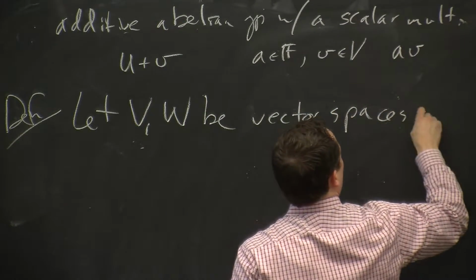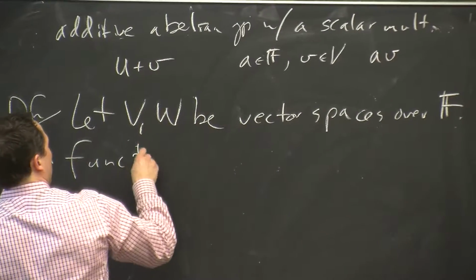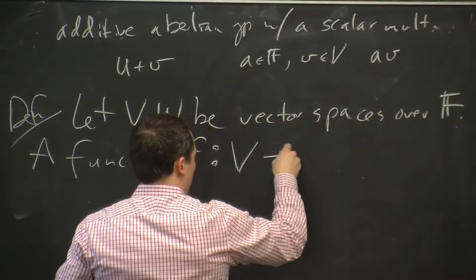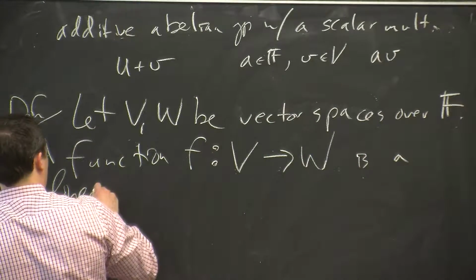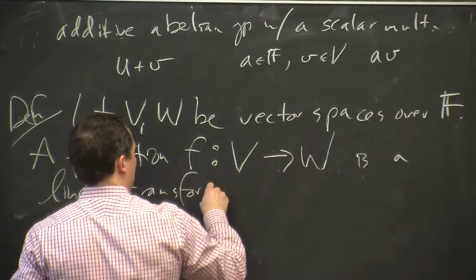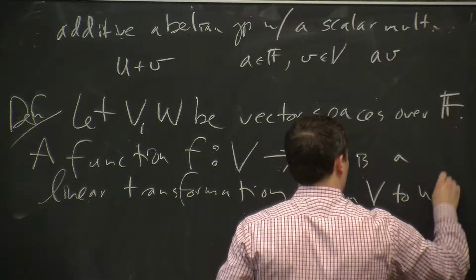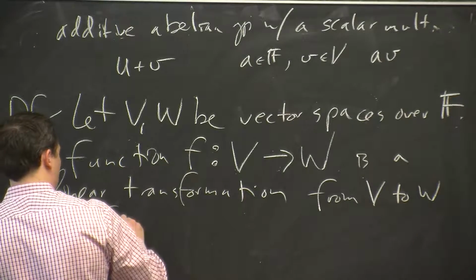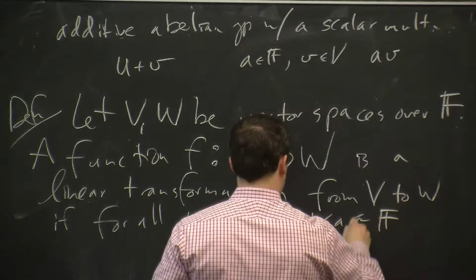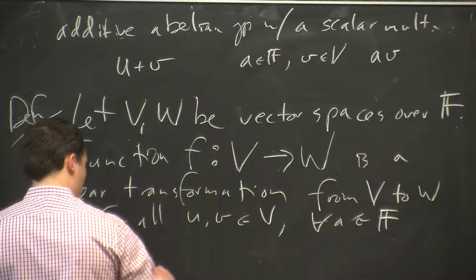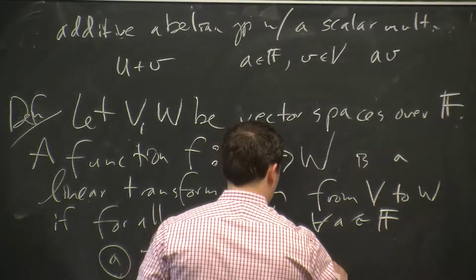So let V and W be vector spaces over the same field F. A function f from V to W, just a set function at this point, is a linear transformation from V to W if for all u, v in V and for all a in F, we have two things true. (a) f(u + v) is equal to f(u) + f(v).